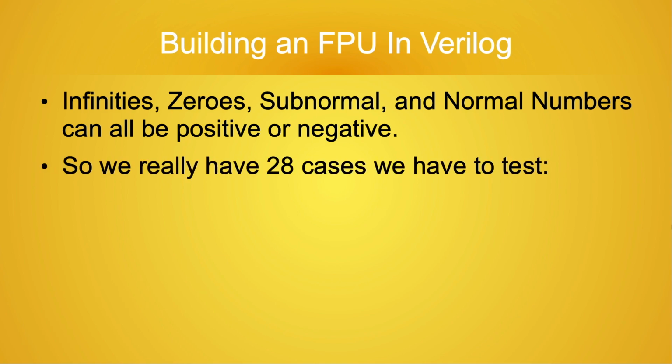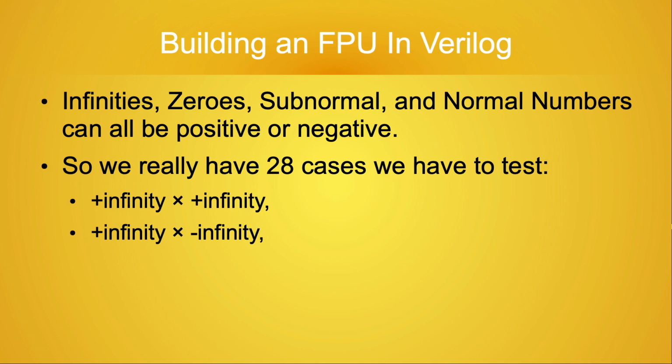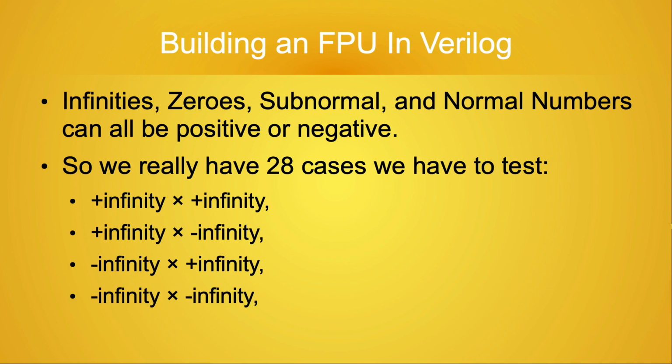To exhaustively test these 7 boxes in the table, we really need to have at least 28 different cases. That is, positive infinity times positive infinity, positive infinity times negative infinity, negative infinity times positive infinity, negative infinity times negative infinity, and so on for all the different pairs of operand types.